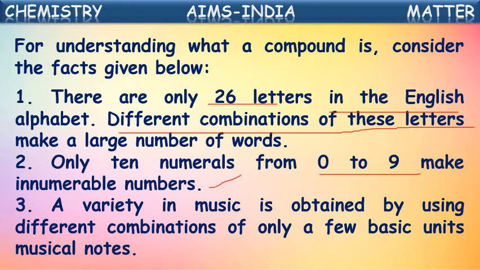Yes, we can write up to 1 crore and more, using only these 10 numerals. A variety in music is obtained by using different combinations of only a few basic notes. Sa Ri Ga Ma Pa, only by using those notes we make so many combinations of music.